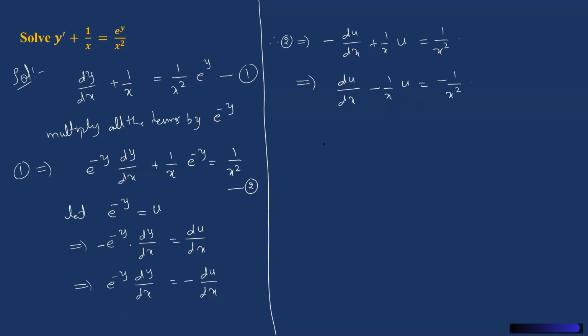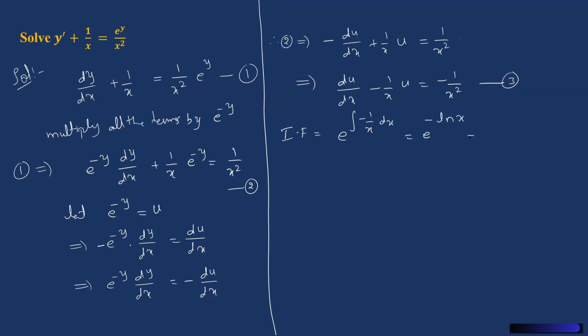Now, when you have this, let me first find the integrating factor. Let me take this as equation number 3. The integrating factor is e to the power of integration of p of x, the coefficient of the dependent variable. So it is e to the power of integration of minus 1 by x dx. This equals e to the power of minus, and integration of 1 by x is log x.